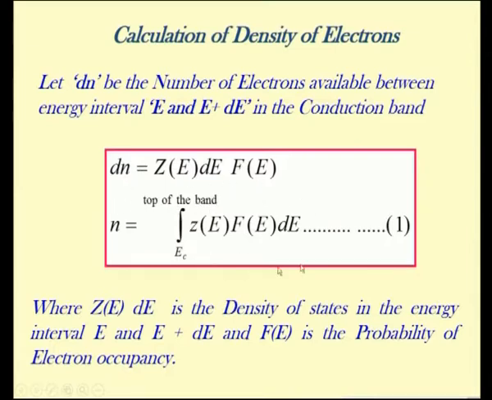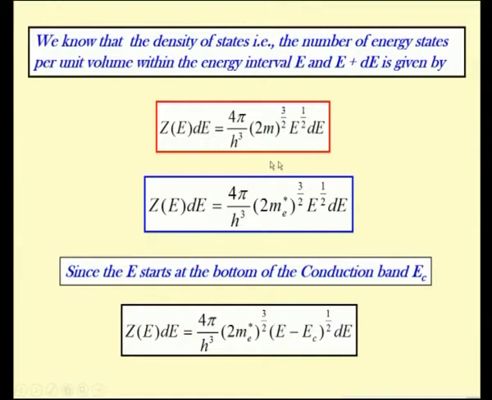This is the general formulation used for calculation of electron density or particle concentration, and here Z of E is the density of states, and this is the range of energy, and this gives the number of energy levels which are occupied with electrons within the energy range dE, and F of E is the probability that the electron has its energy E. And here we have standard derivations for Z of E dE, and it is proportional to E power half, and this is substituted there.